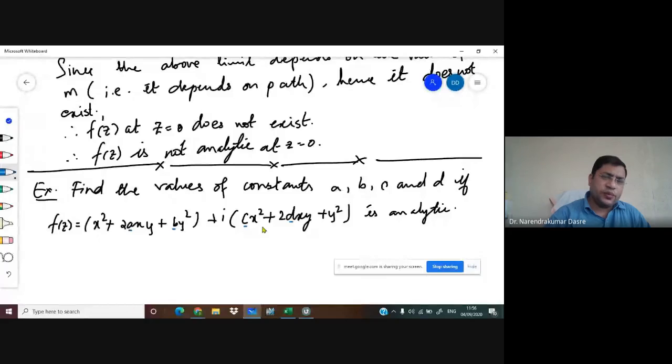So what it means is the function satisfies CR equation, and hence we have to use the CR equations to find these constants a, b, c and d. So let us try this.